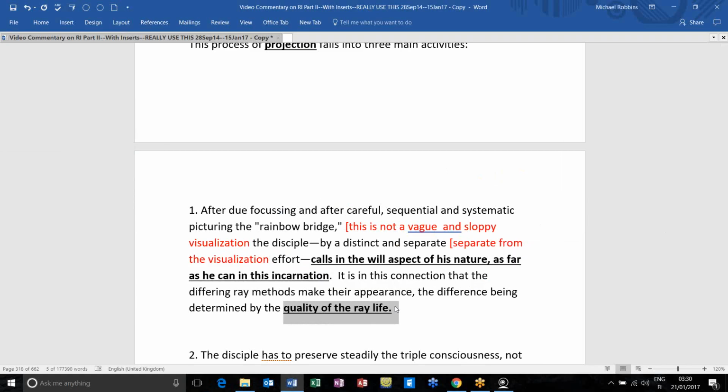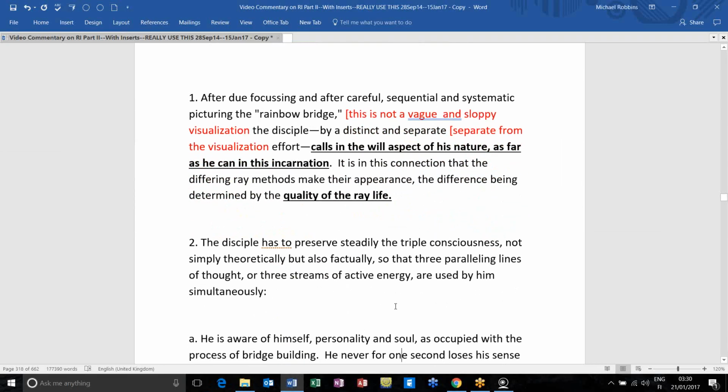So we can see what a scientific process this is and how much accuracy is needed as we pursue our work. Number two, the disciple has to preserve steadily the triple consciousness, not simply theoretically, but also factually, so that the three paralleling lines of thought, or the three streams of active energy, are used by him simultaneously.